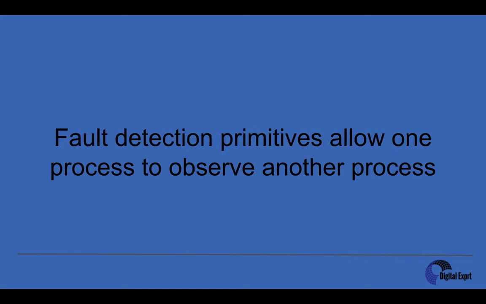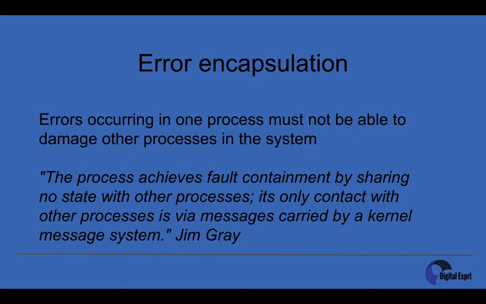We need to have fault detection primitives because that will allow us to observe one process from another process through these fault detection primitives. Error encapsulation is important because errors occurring in one process must not be able to damage other processes in the system. So we need this abstraction boundary that we talked about before.